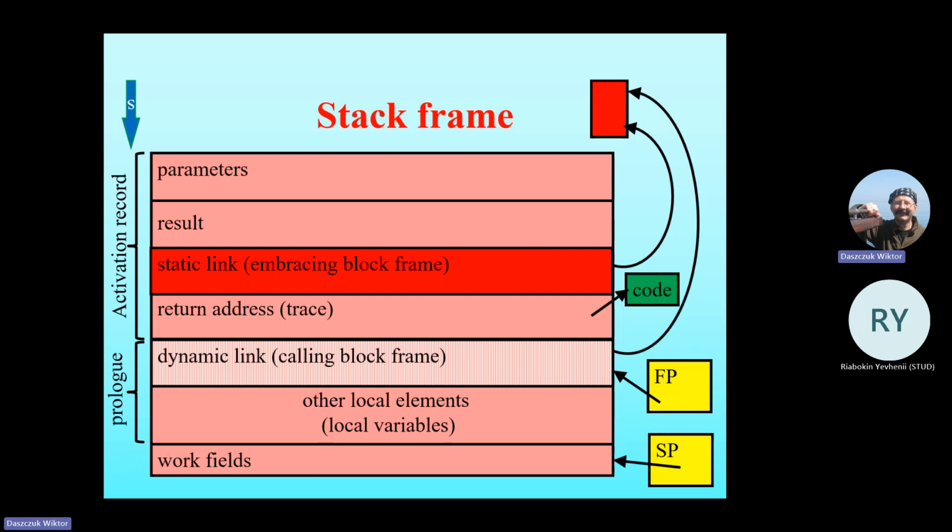So the old value is stored here, stored in the prologue and restored in the epilogue. And finally, local variables are allocated on the stack by the prologue. The stack pointer always points to the top of the stack. The frame pointer points to the middle of the current stack frame, namely, to the dynamic link.